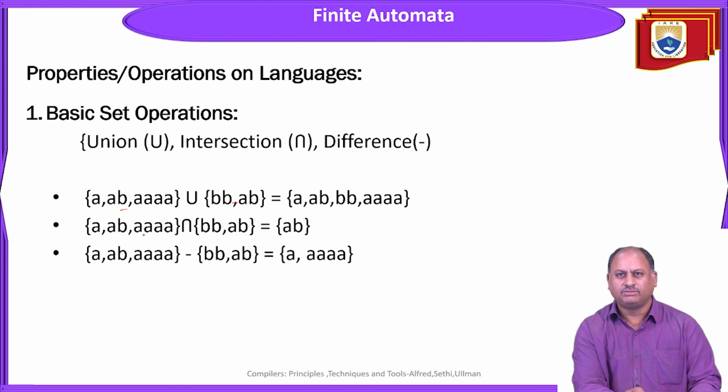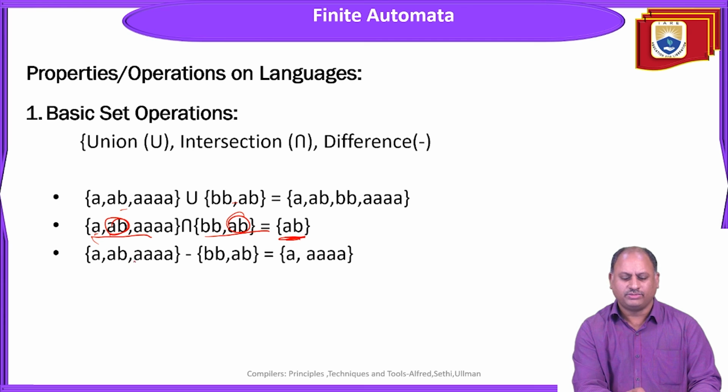Each language contains some set of strings. Out of these strings, which one is common to both languages? Suppose AB is the one string common to both languages. So we are going to find that one. A is not common, and the remaining ones are not.